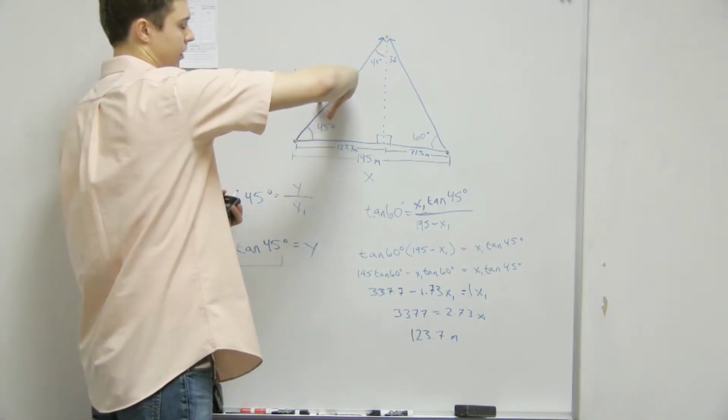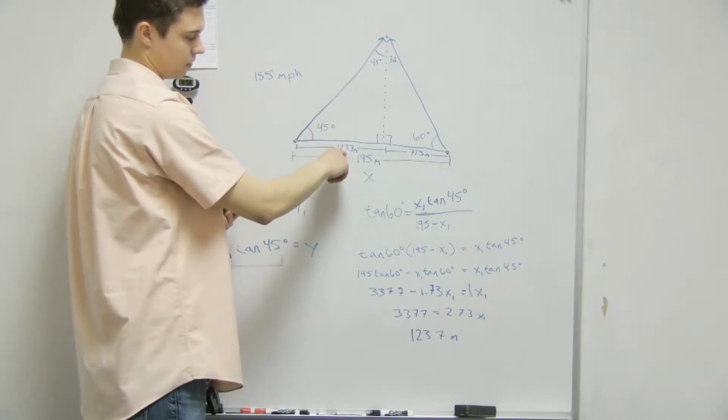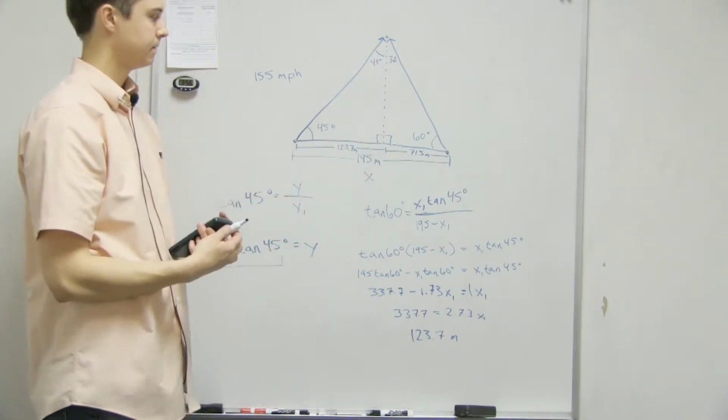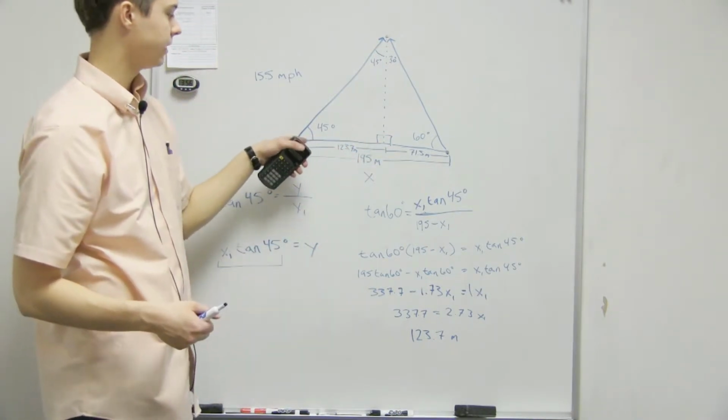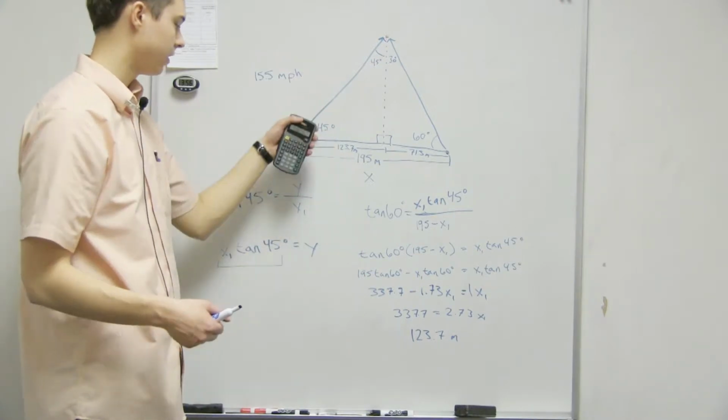So how do we find this hypotenuse magnitude if we know 45 degrees right here and we know that this is 123.7 meters right there? Cosine. Right? Good. So cosine tells us that adjacent over hypotenuse equals cosine of our angle.